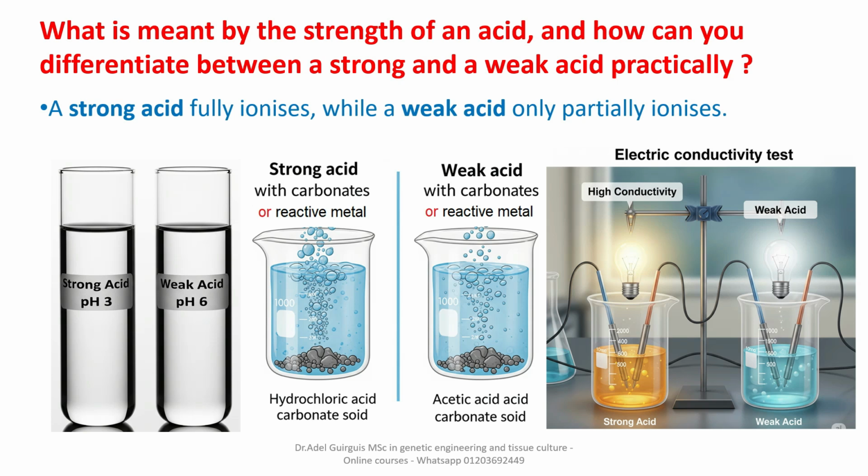The bulb for strong acid illuminates strongly, with high conductivity, where strong acid dissociates completely into ions. As more ions are present, more electricity passes through. While for weak acid, less ionization or no ionization means no lighting, or low light intensity released from the bulb.